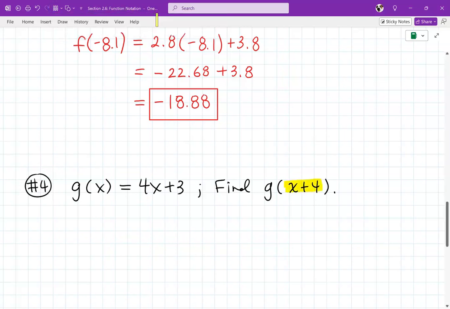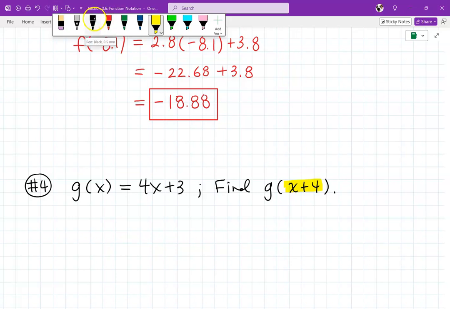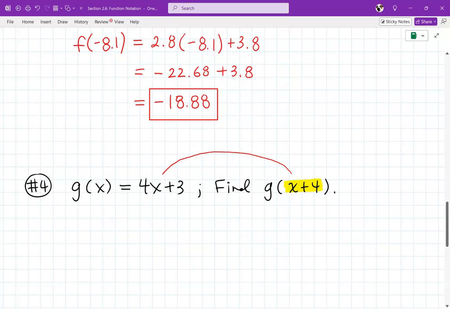I know that looks weird, but what they're basically saying is you're going to get x plus 4 and plug it in right where that x is. So it's going to look like this: 4 times x plus 4, plus 3.